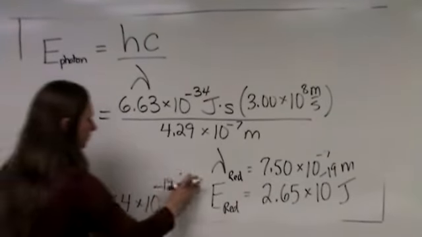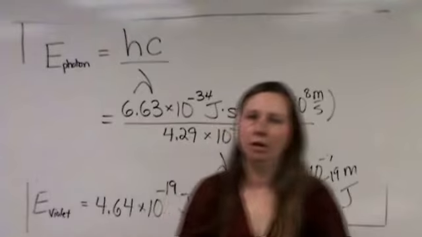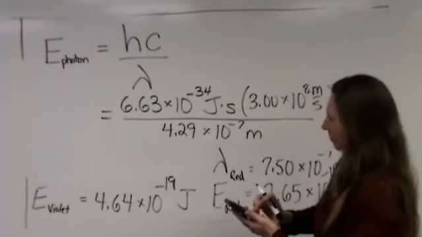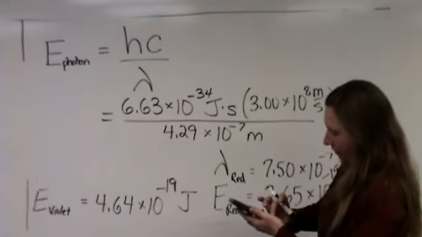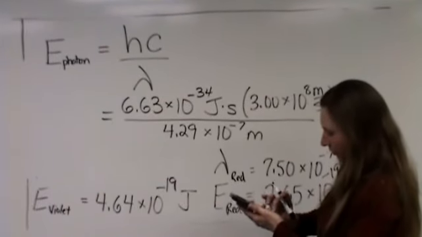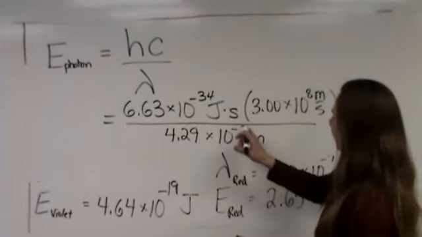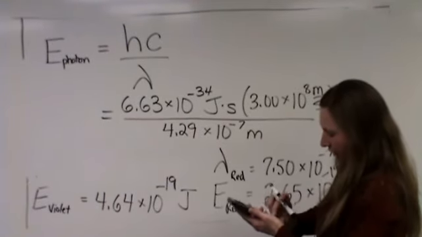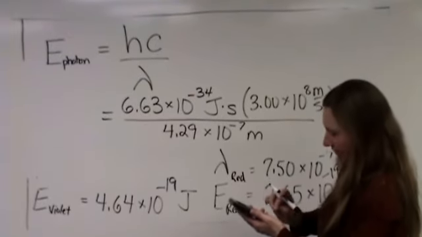But we're going to hang on to this energy here. All right, now, this times this, 6.63 E negative 34 times 3 E8 equals, I hit equals, now I'm going to hit divided by 4.29 E negative 7.